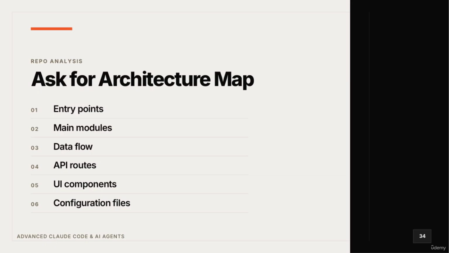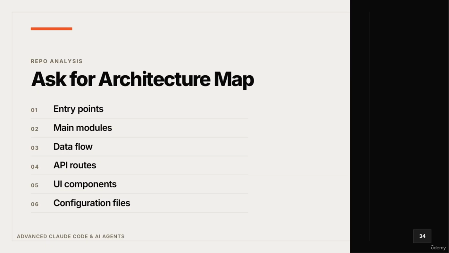Following that, we look at the main modules, which are core building blocks that encapsulate specific functionality. Then we analyze the data flow, observing how data moves through the system from input to processing and finally to output. Understanding this helps us spot potential bottlenecks or areas for optimization. After data flow, we examine the API routes. These define how different parts of the system communicate with each other or with external clients.